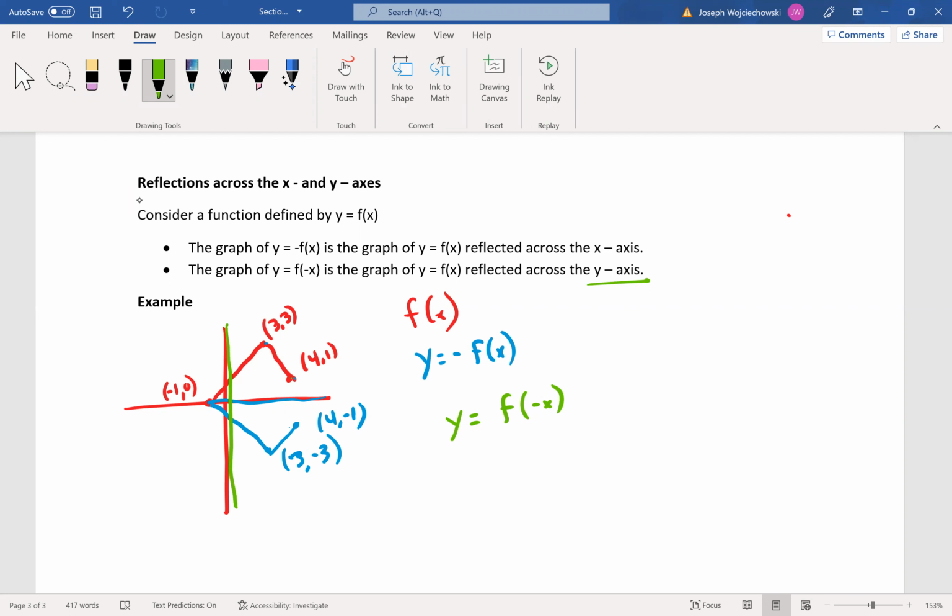So this becomes -4, 1. This becomes -3, 3. And this becomes 1, 0. And again, you can see if I flipped it here, they would intersect.